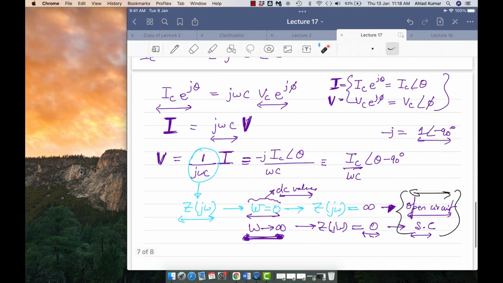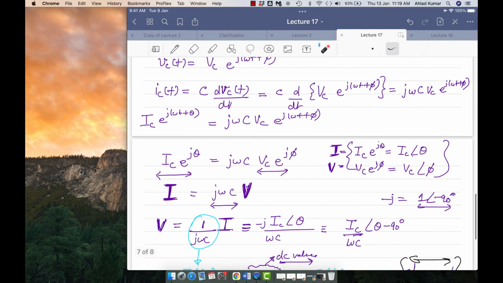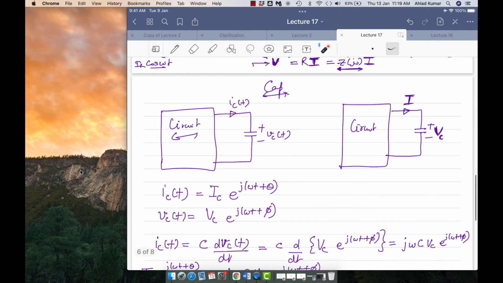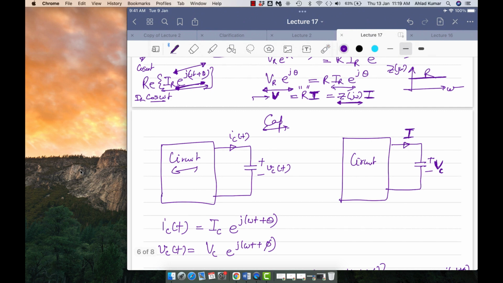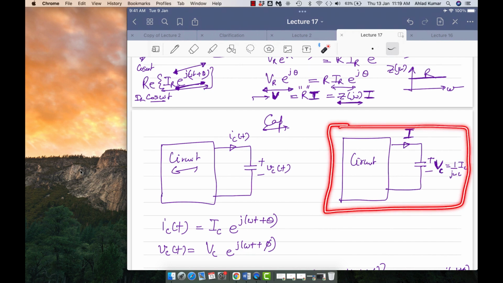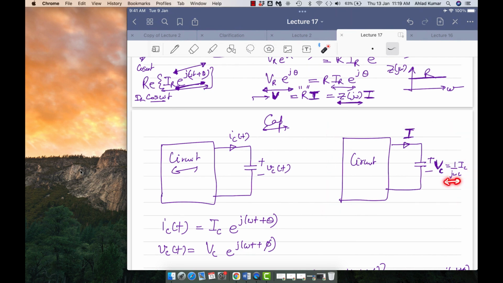Now, as you can see from this relation for the capacitor, you can write this as 1 by j omega C times IC. So this is basically the phasor representation for the capacitor, and this is the impedance that you are getting for the capacitor.